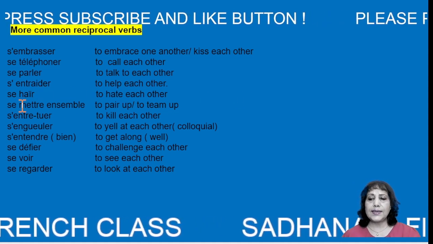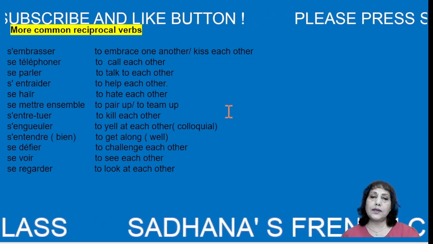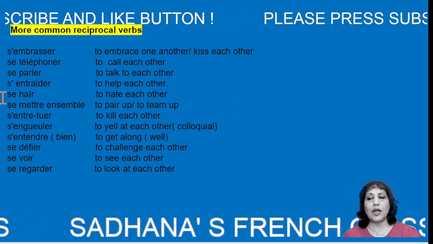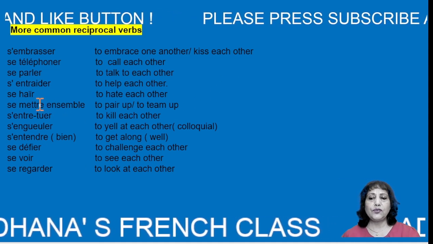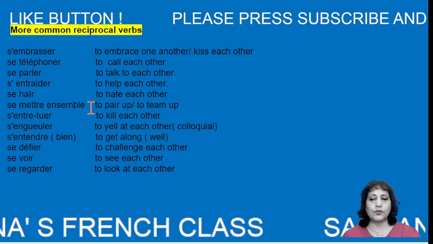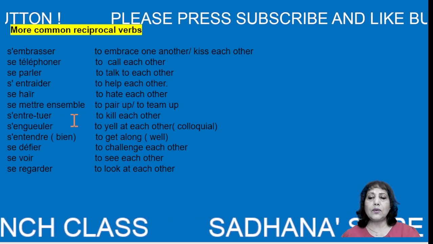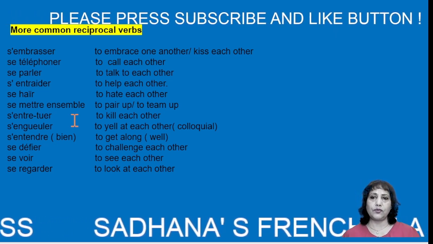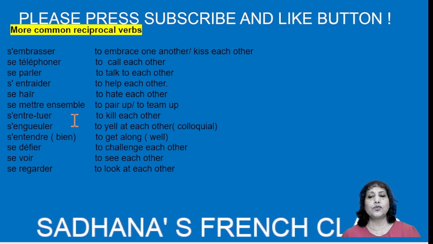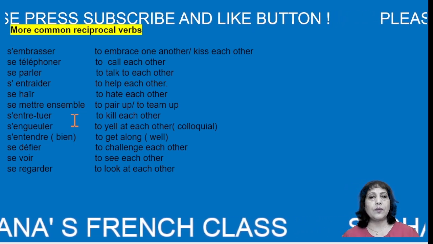Okay. Se haïr means to hate. So haïr, if you use it as an infinitive without the reflexive pronoun se, then it's to hate. But when you use it with the reciprocal se, it becomes to hate each other. Se mettre ensemble. When you do some job together, 2 or 3 people, you use this verb, se mettre ensemble, to pair up or to team up.